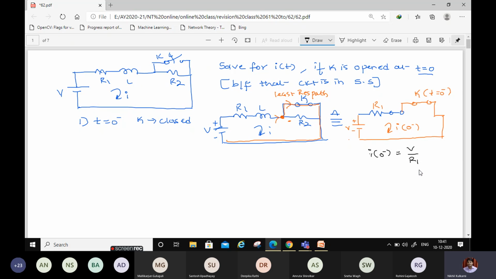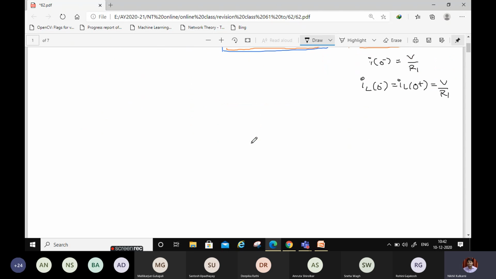Since the current through the inductor cannot change instantaneously, we can write IL(0 minus) equal to IL(0 plus) equal to V upon R1. So this we solved yesterday till here.